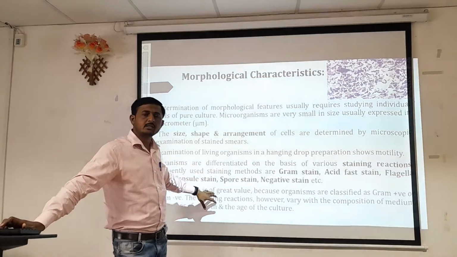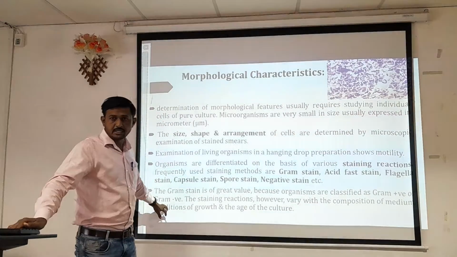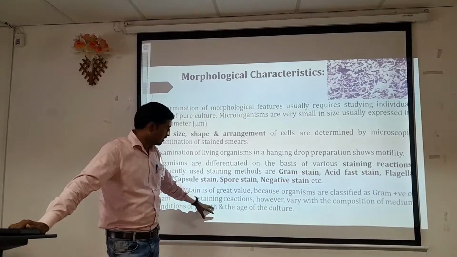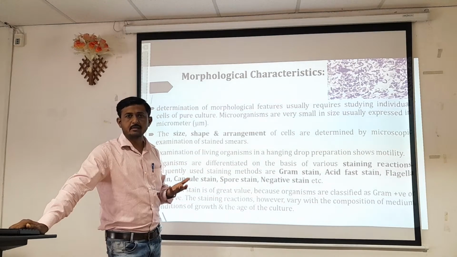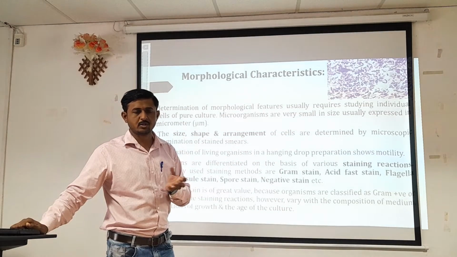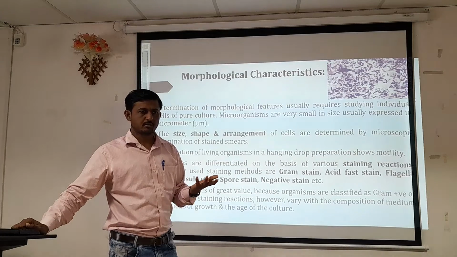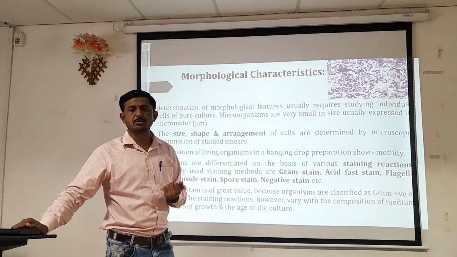The gram staining characteristics of a particular bacteria usually depend upon the conditions of growth and the age of that bacteria. Sometimes with a fresh 24-hour old culture, when we observe under the microscope with the gram staining procedure, the bacteria looks gram positive or gram negative.